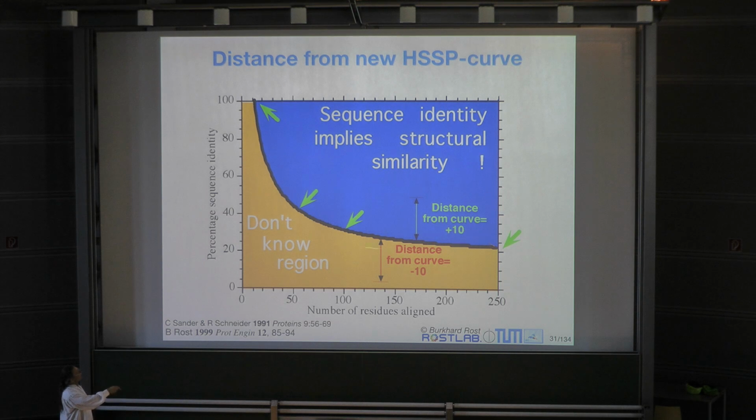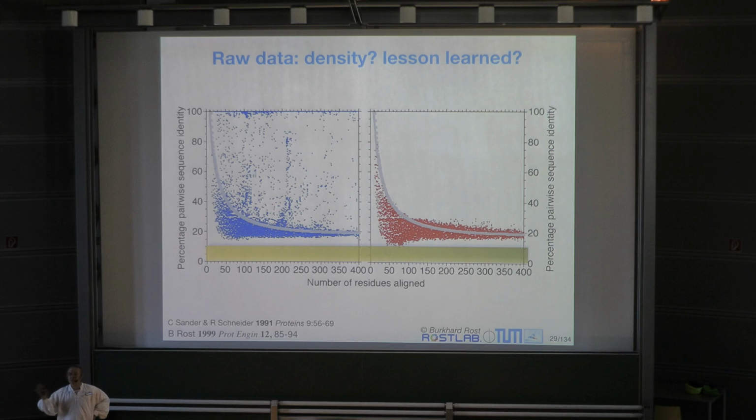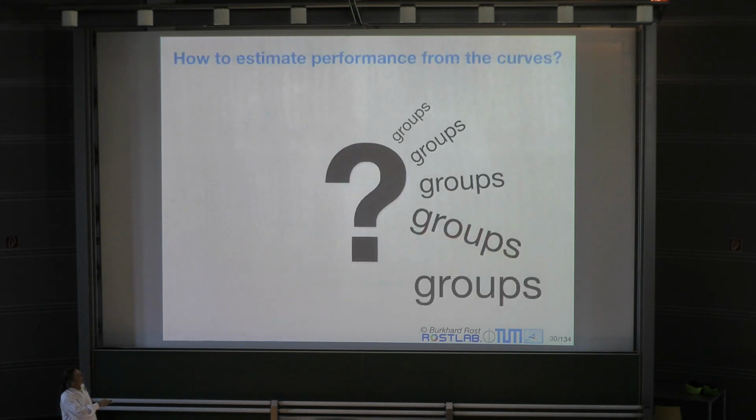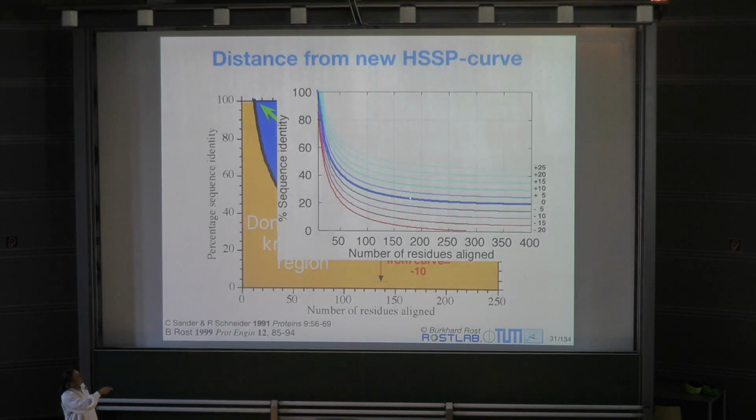And the way I do that, I take this curve that did fit the original data in some sense, okay? And I'm going to look at the distance from this curve. So I look at distance minus 5, minus 10, minus 15, minus 20, plus 5, plus 10, plus 15, plus 20.